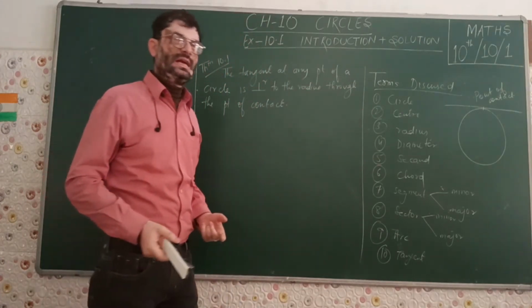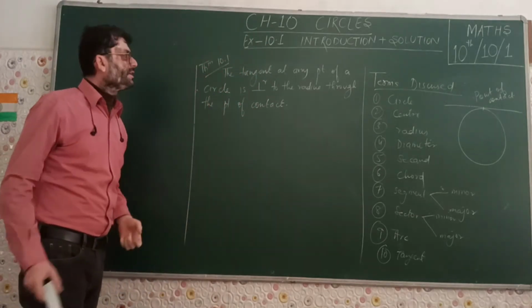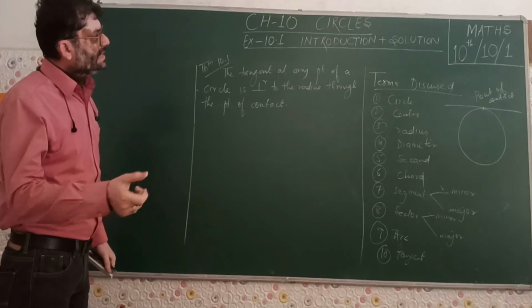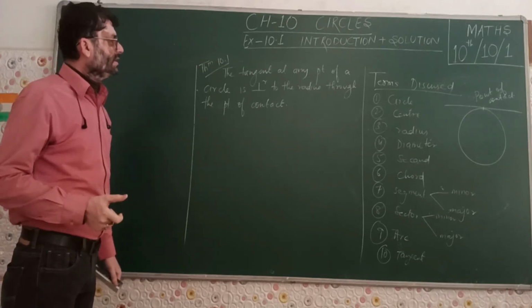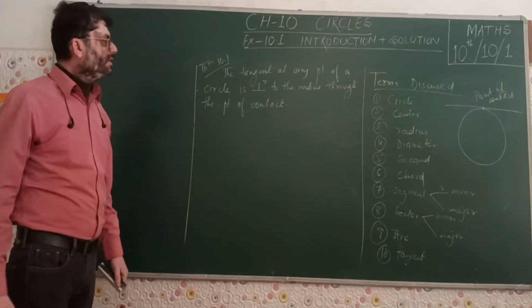Moving further on to the chapter, let us discuss the first theorem, that is theorem 10.1. The tangent at any point of a circle is perpendicular to the radius through the point of contact.